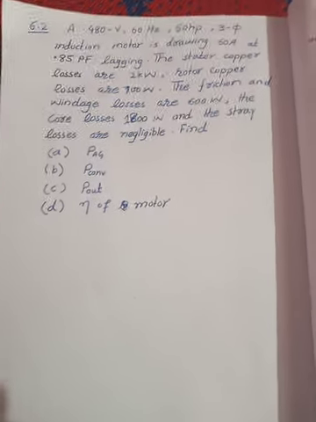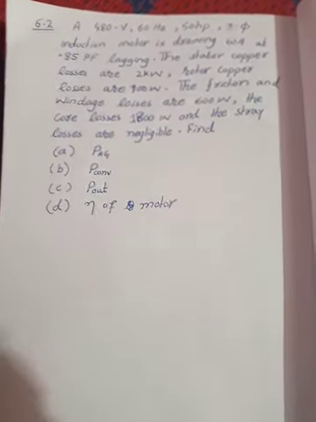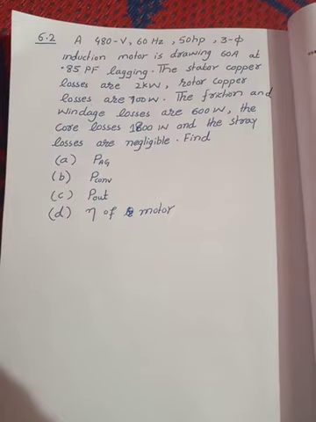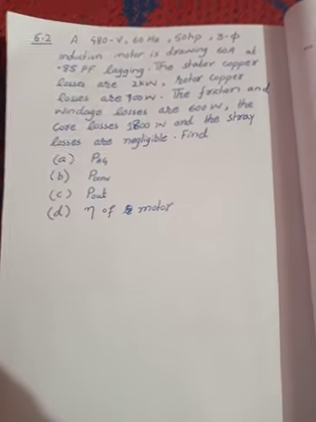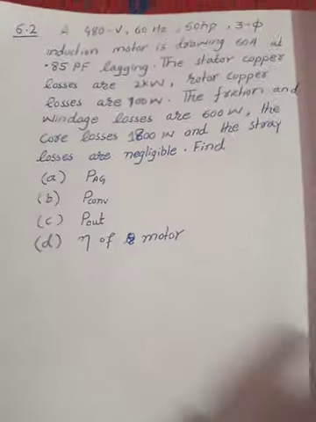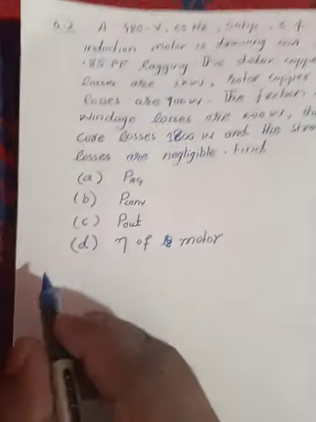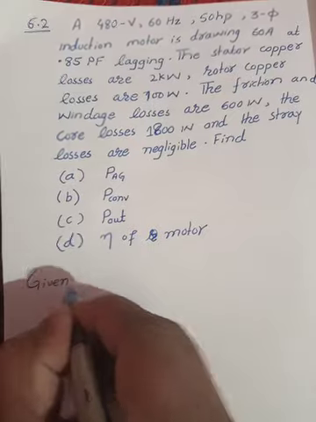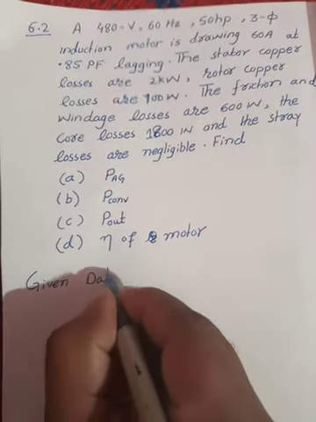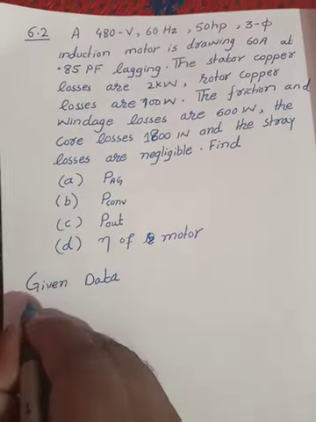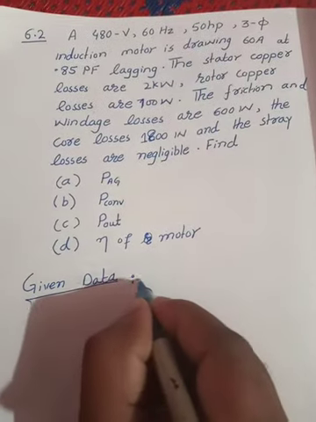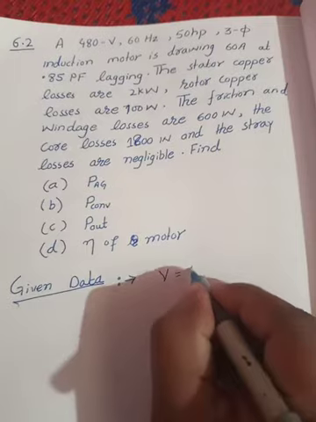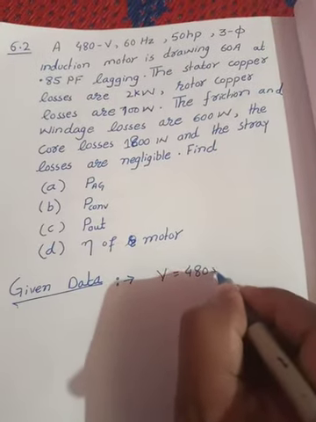So first of all, we have to write all the given data, and then we have to solve to find out the required quantities. We are given that its voltage is 480 volts.